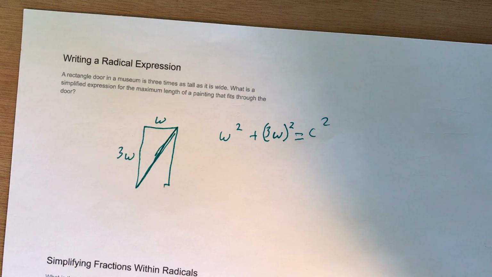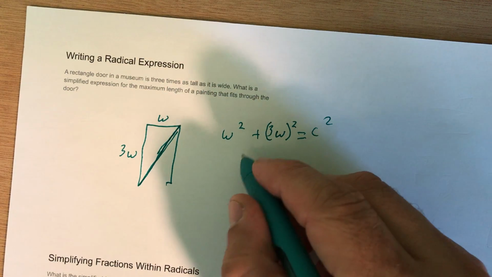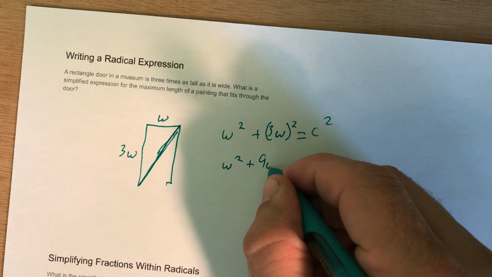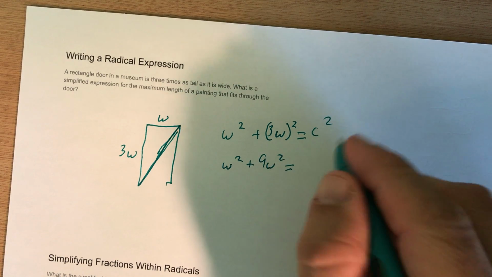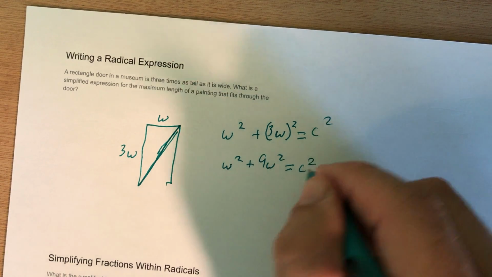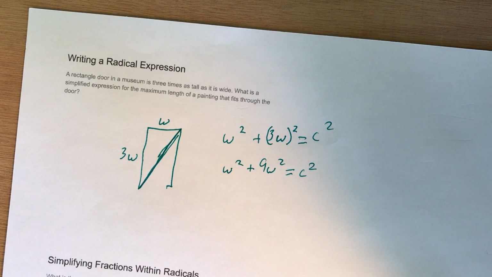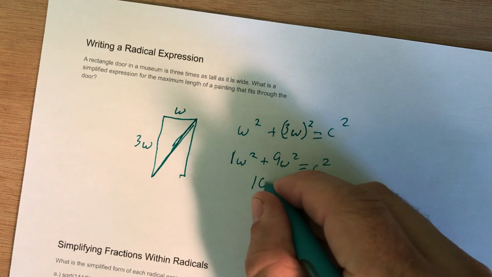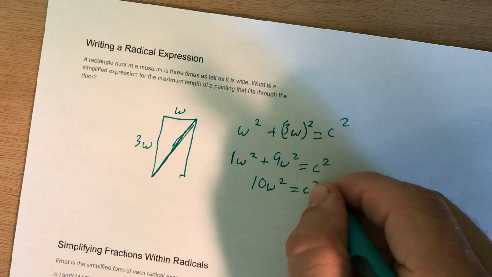What you have here is W to the 2nd plus 9W to the 2nd equals C to the 2nd. Now add these together. This is like having 1 W to the 2nd, so that gives me 10 W to the 2nd equals C to the 2nd.